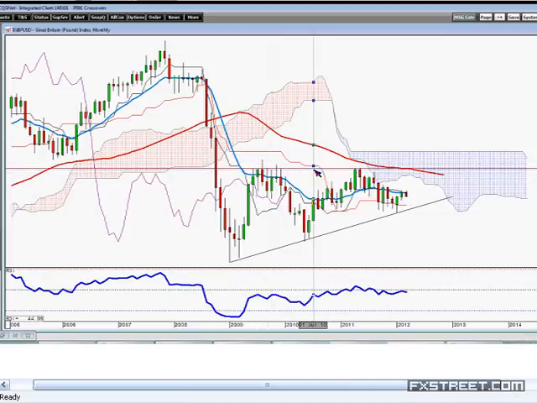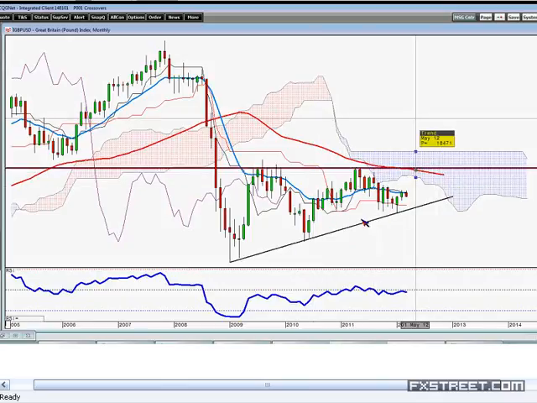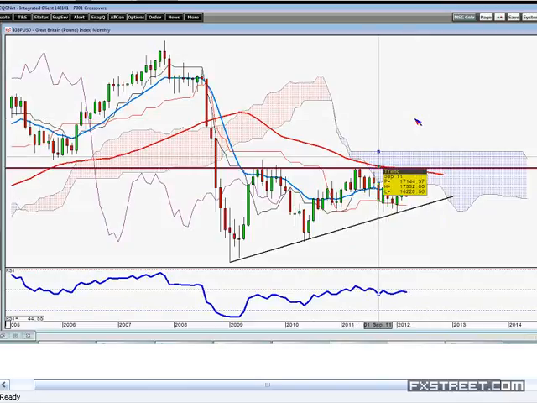So, just modify that a bit. Okay, so I think we've got this ascending triangle formation, basically. Have a bias to break to the upside. We've got to be wary of this.